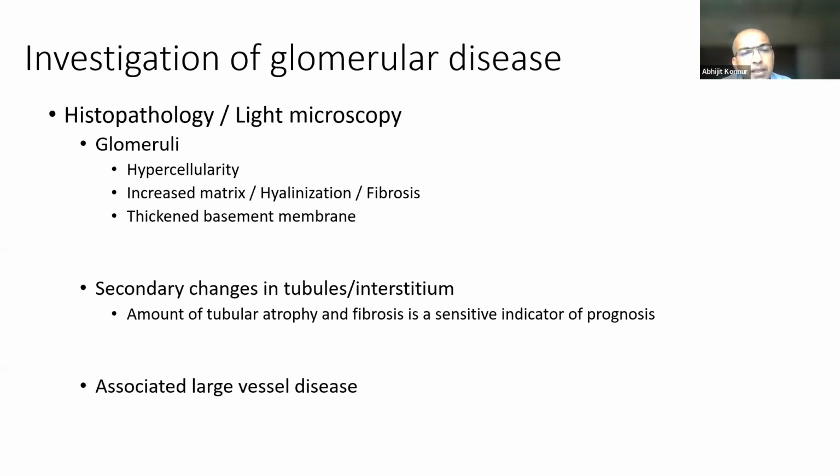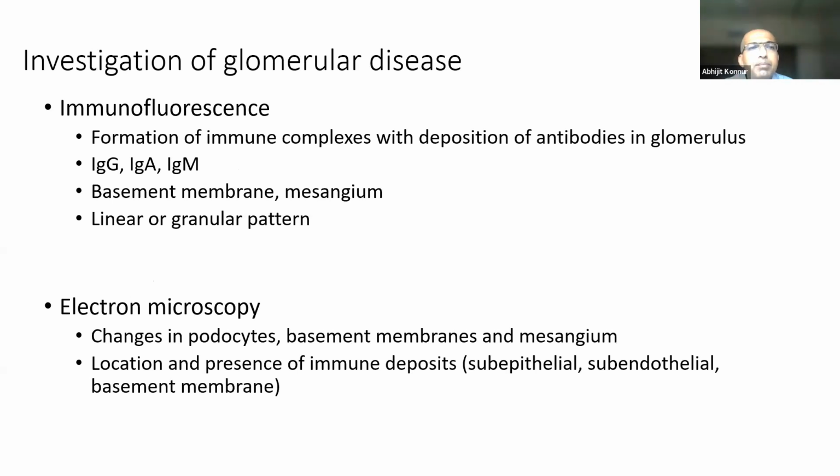And lastly, look around for the changes that occur in the vessel. If they suggest hypertensive changes, there is a thickening of the intima, adventitia, or media of the vessel, and if there is necrosis of the vessel wall, that will suggest vasculitis. The next part of the biopsy is the immunofluorescence.